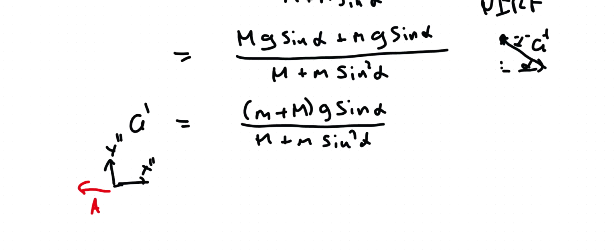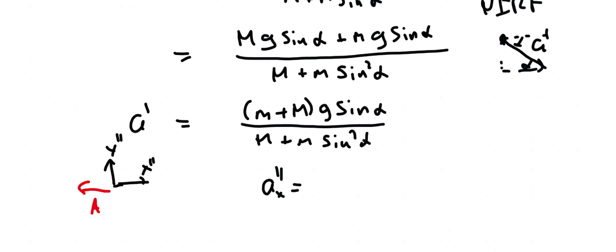Okay, and if I look at this and do the trigonometry, I see that a x prime prime, it's nicer if I put the prime prime up here, so a x double prime is equal to a prime cosine alpha, I think. Yeah.